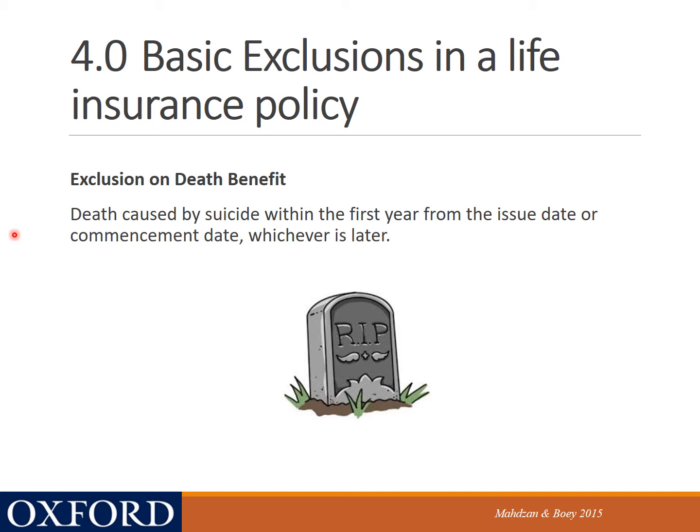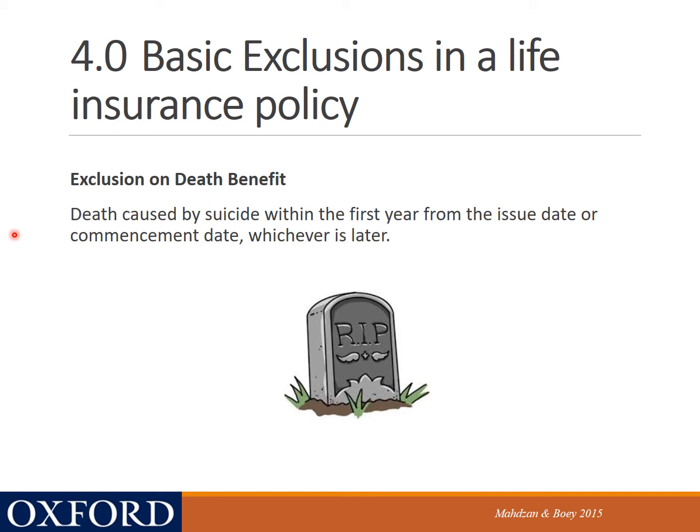And why only limit this to 1 year? According to studies, people who may attempt suicide, or if there is a moral hazard, in terms of murder, meaning somebody plans to take up insurance and then plans for a death to happen, usually do so within 1 year.